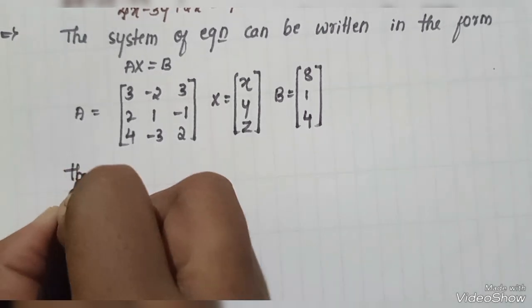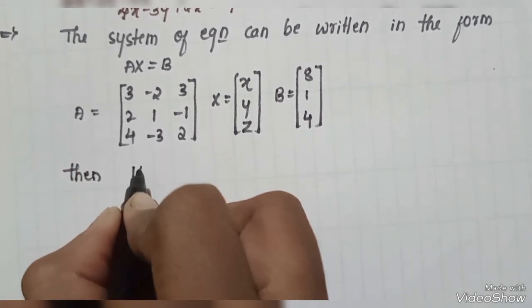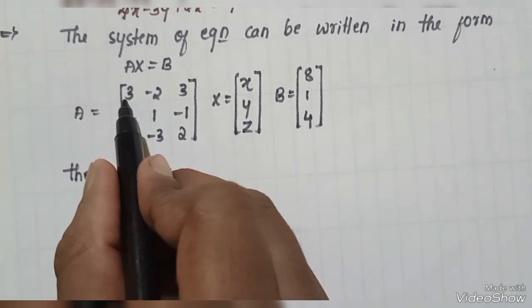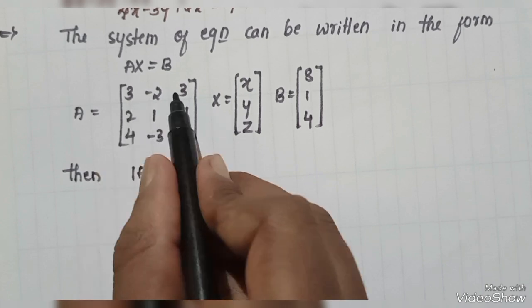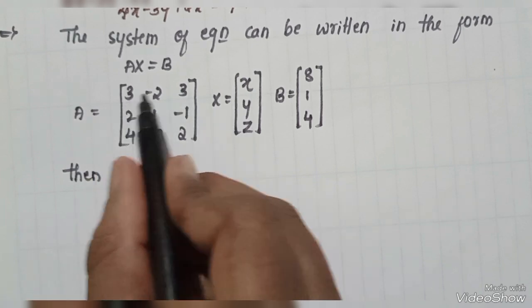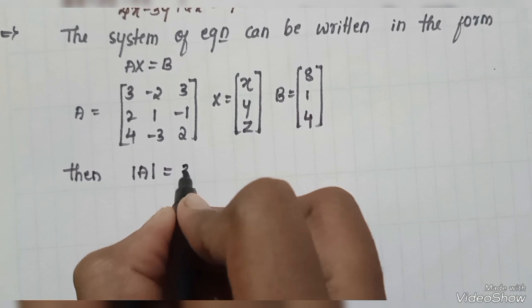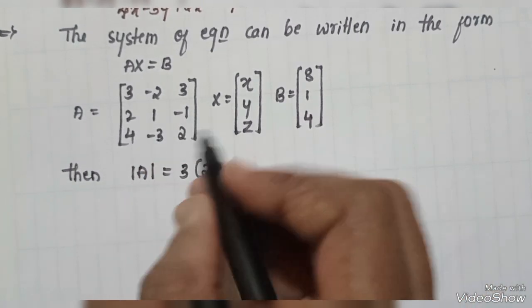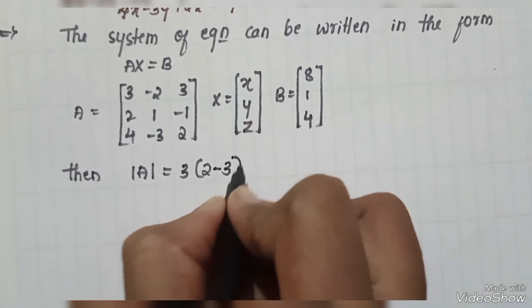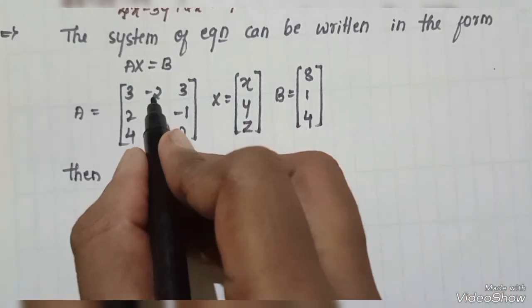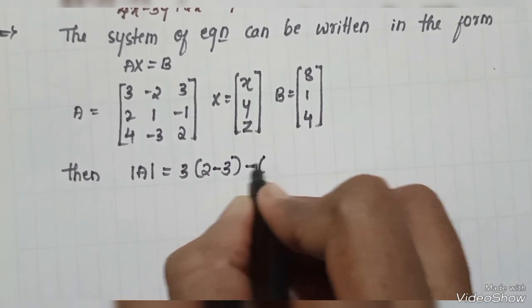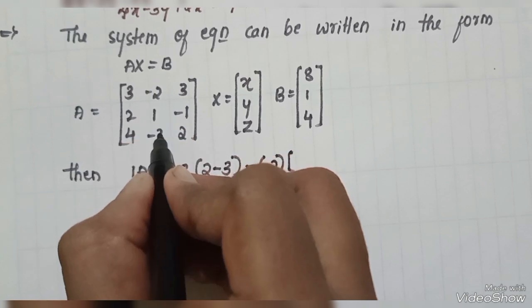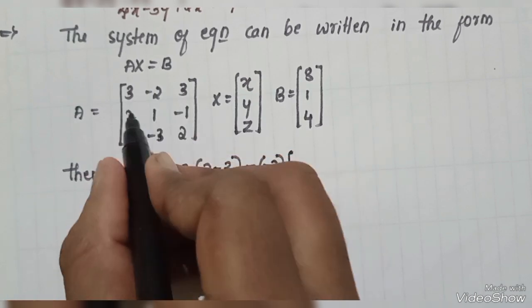Then second step, we have to find the determinant of A. Finding the determinant of A, I am using the first row, therefore neglecting the first column: 3 into (1 into 2, 2, minus 1 into minus 1, minus 3). There is a 1 minus, that is minus 3. Again minus 2, neglecting the row and column, 2 into 2, 4.